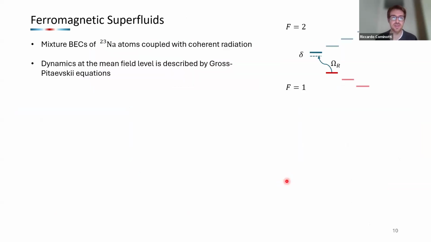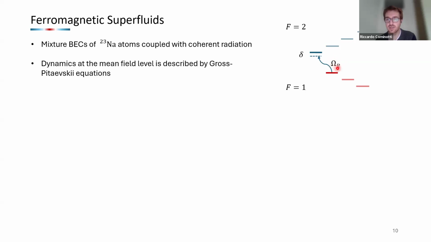Now, the system that we have in the lab is a mixture of Bose-Einstein condensates of sodium atoms. In particular, this is the electronic ground state structure of sodium atoms. What we do is prepare the atoms in this state here, and couple this state with its stretched state with a coherent radiation.